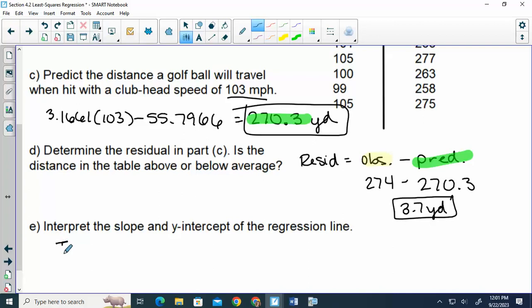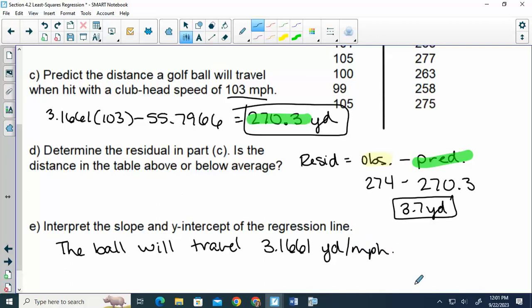So that tells me the ball will travel 3.1661 yards per mile per hour. Or for every 1 mile per hour harder you hit the ball, it will travel an additional 3.1661 yards.